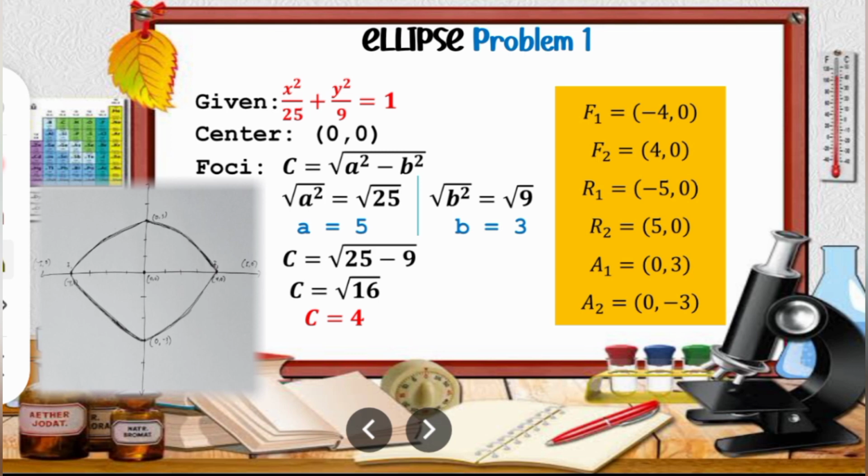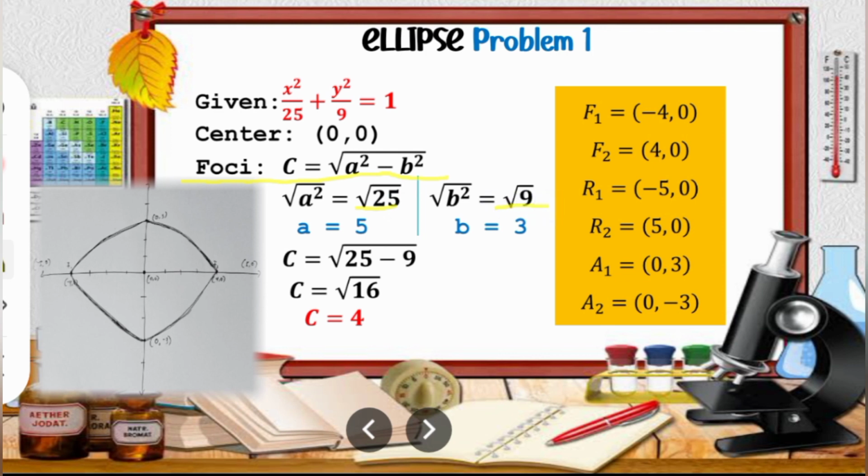To find our foci, we have this equation: c equals the square root of a squared minus b squared. We need the value of a squared, which is 25, and the value of b squared, which is 9.